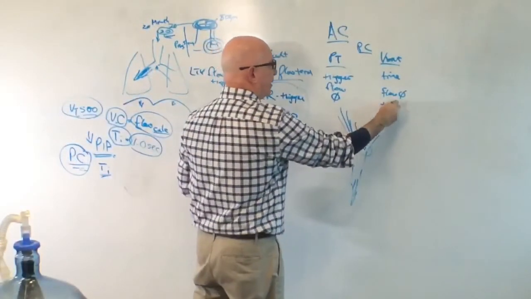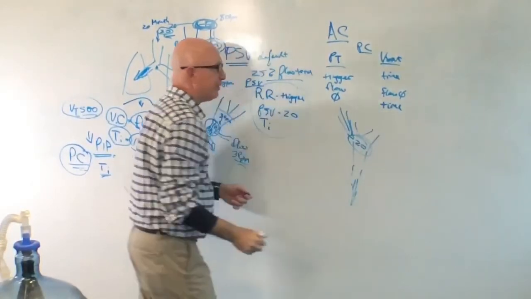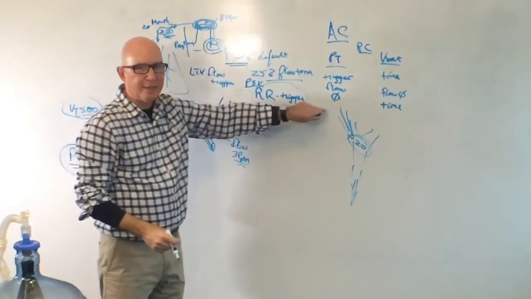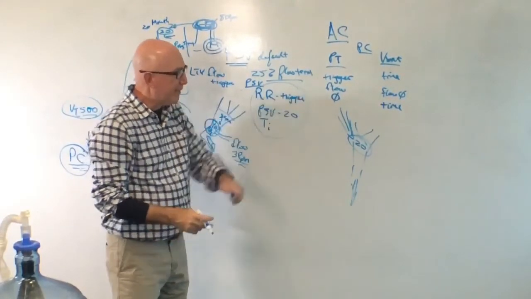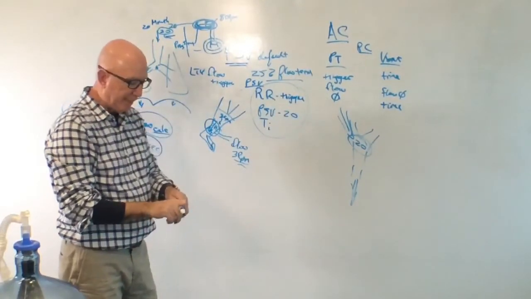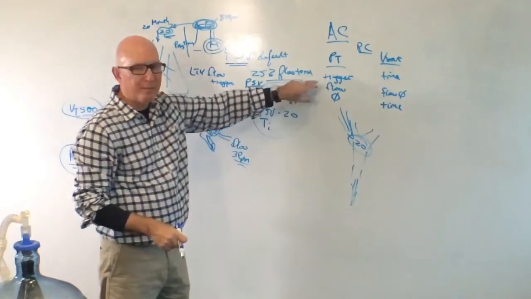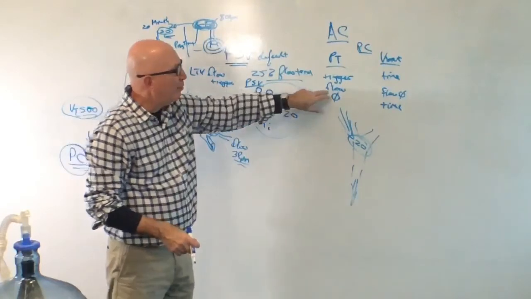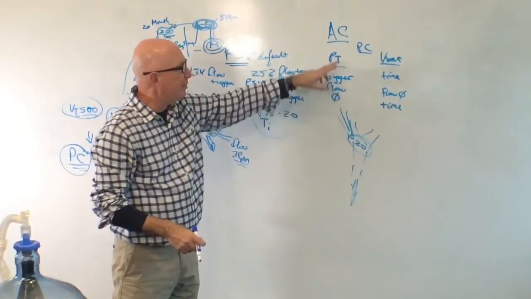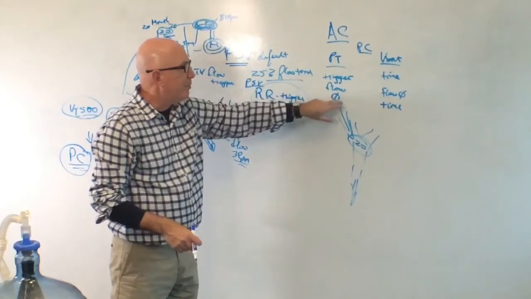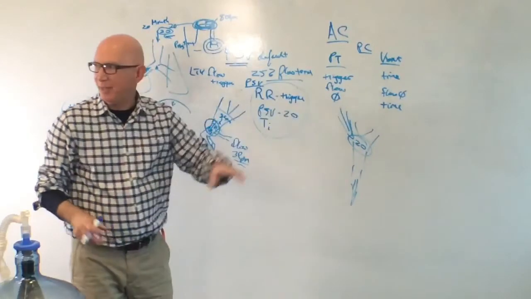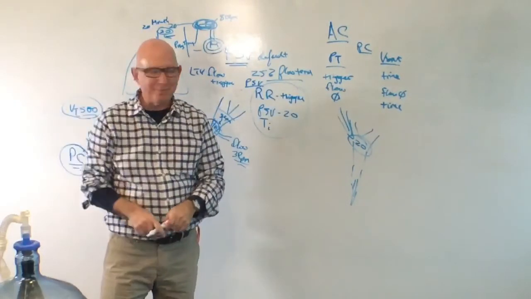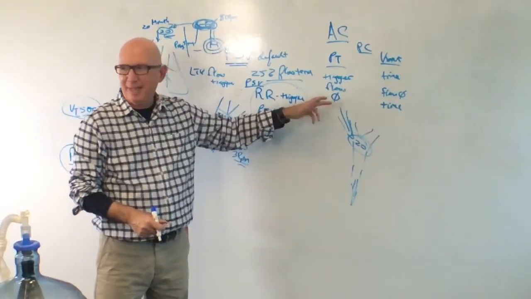So cycling to expiration is also time as far as the ventilator is concerned. And so you can see where we can set this patient up for some discomfort and some asynchrony. The trigger piece is the same as any other trigger. The flow piece, well, they have some control if they're in PC, but they have no control at all over the I time. So if they want to exhale before the I time is up, they can't.